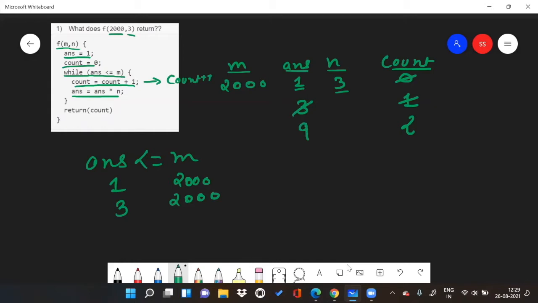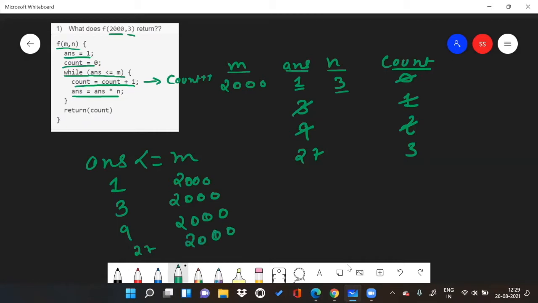Now again we enter the while loop and it says, is 9 less than 2000? Yes, it is. Then your count will get incremented to 3 and your answer will get updated to 27. Again there will be a check. Is 27 less than or equal to 2000?